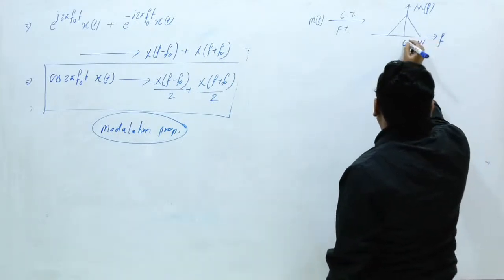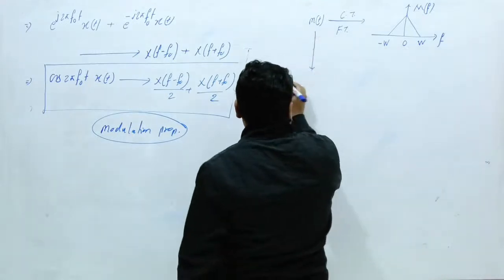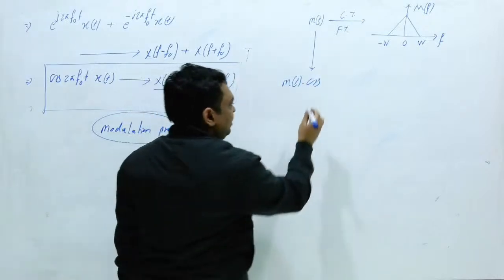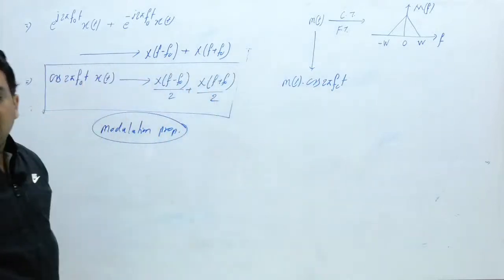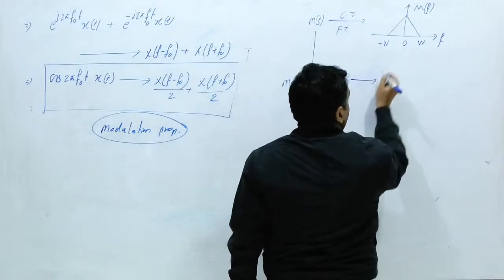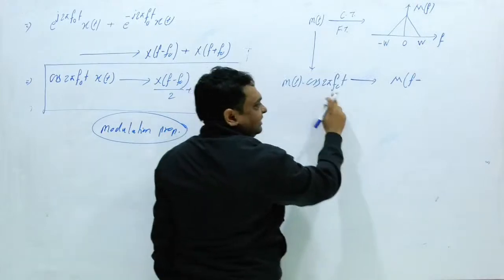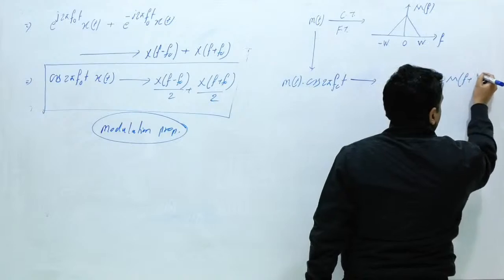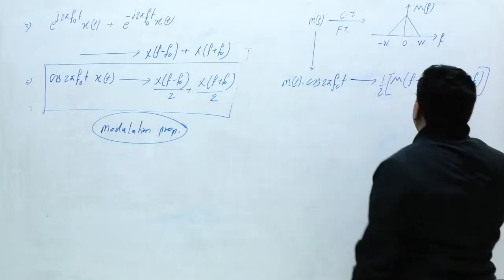Suppose this frequency is W and this frequency is minus W. Now if you multiply this m(t) by cos 2 pi fc t, what will happen to the Fourier transform? The Fourier transform will be M of f minus fc plus M of f plus fc, and the amplitude will be 1 by 2. You will get this answer.